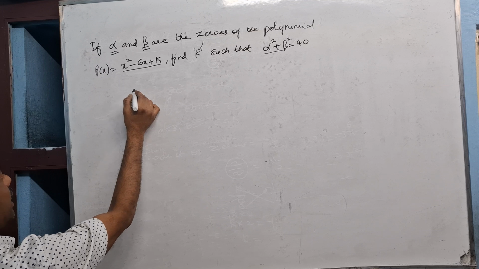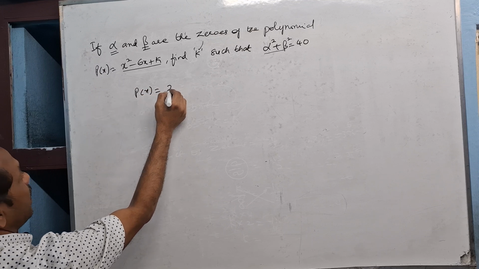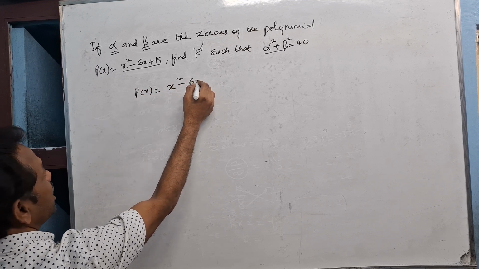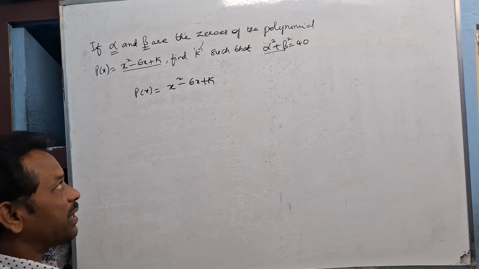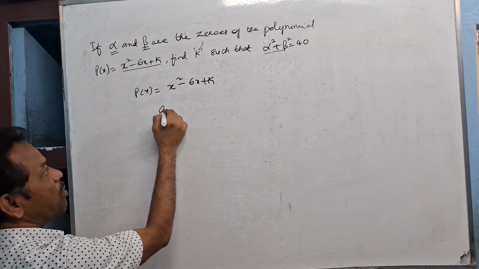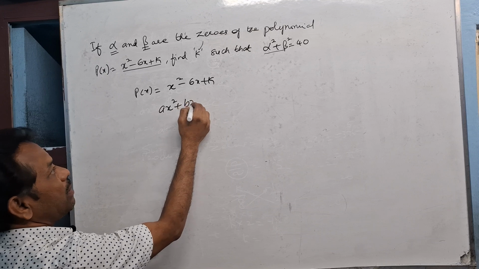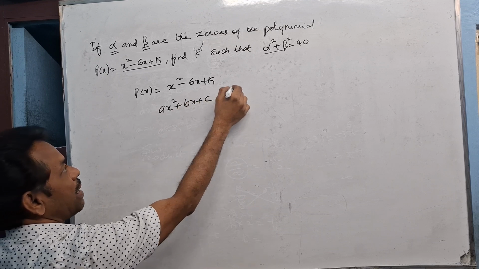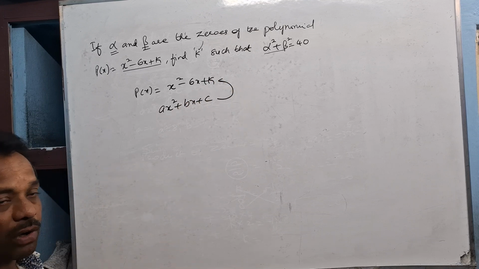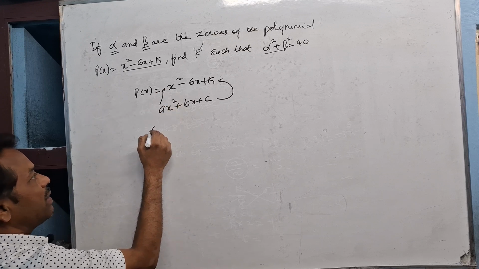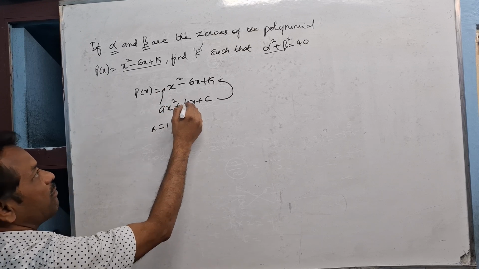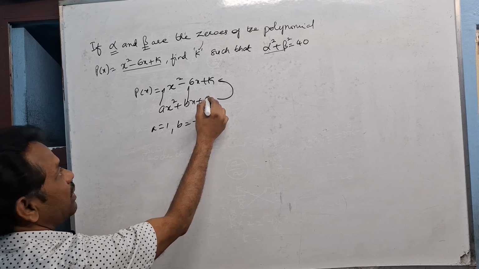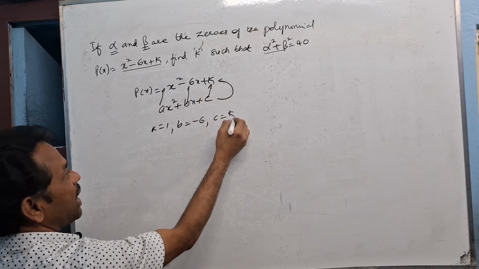So our polynomial is x² - 6x + k. Compare with the standard form ax² + bx + c: the value of a will be 1, the value of b is -6, the value of c is k.